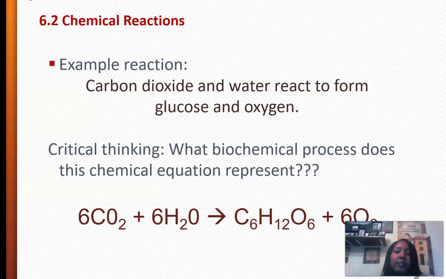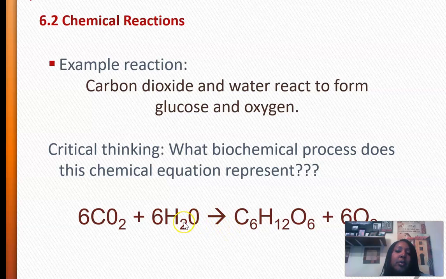So an example of a reaction we have here on the screen, and you have it on your paper for number 4. It's carbon dioxide, and we have water, and then we have glucose and oxygen. So, what biochemical process does this chemical equation represent?